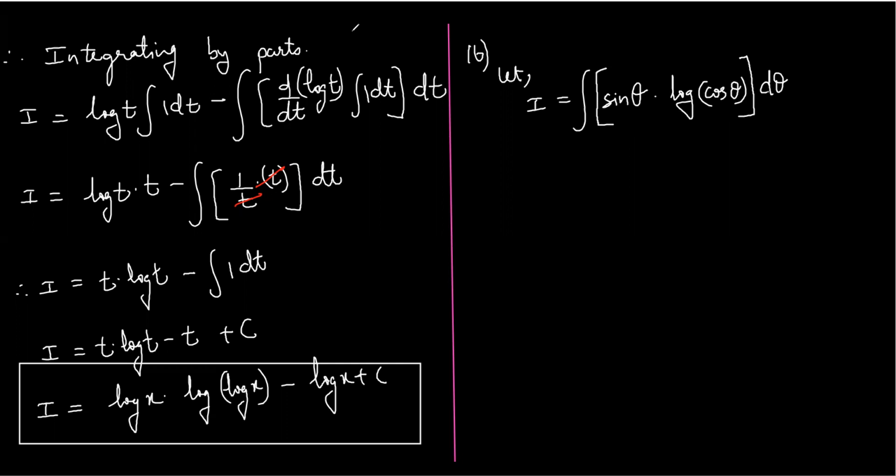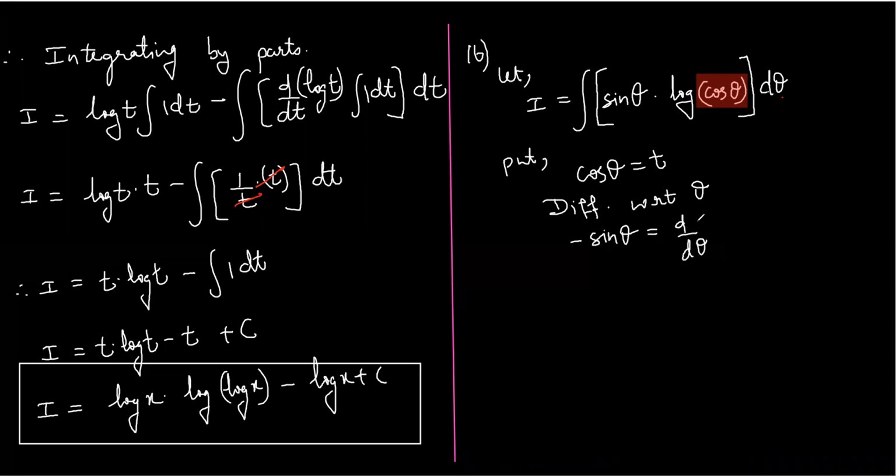Now here what you notice is that we got log of cos theta. When I'm integrating with respect to theta, I would like to have log of a simple variable. So I put cos theta as t. I differentiate with respect to theta, and this time everything is in theta. I get d by d theta of cos theta, which is minus sine theta, and d by d theta of t.